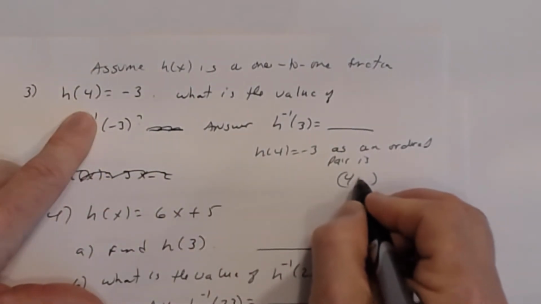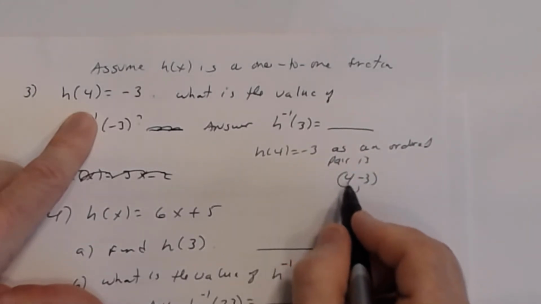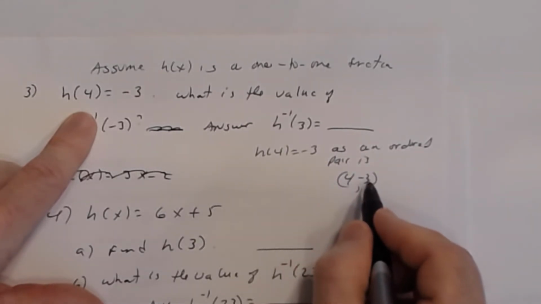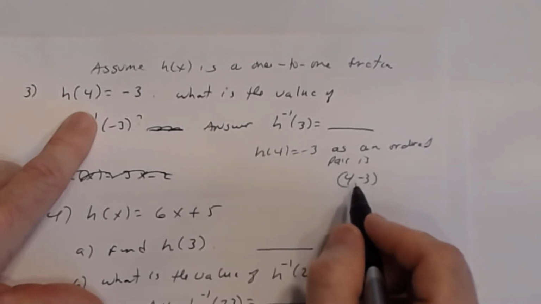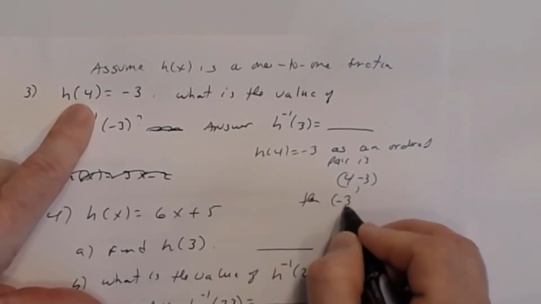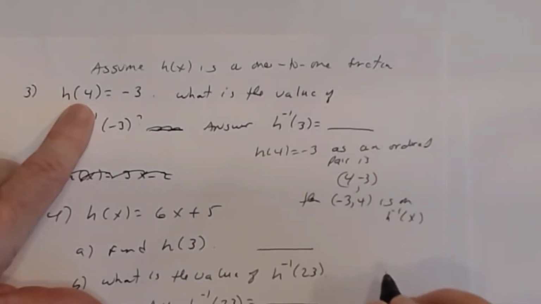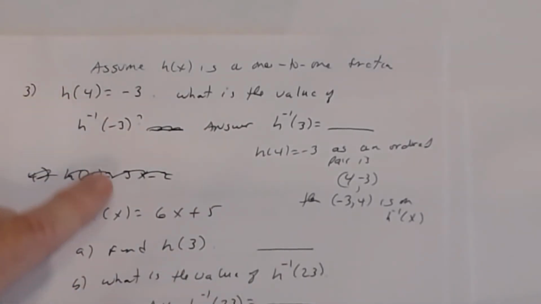So it is (4, -3). If this point is on h of x, then (-3, 4) is on h inverse of x.